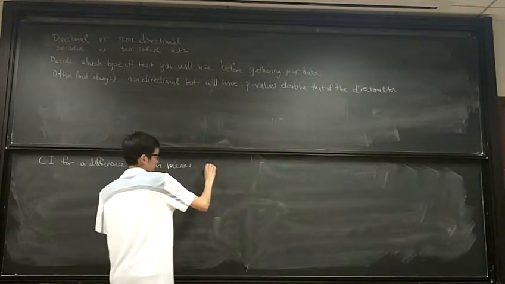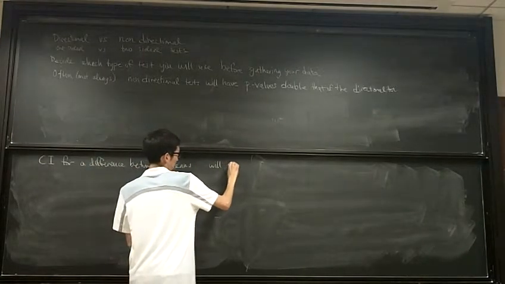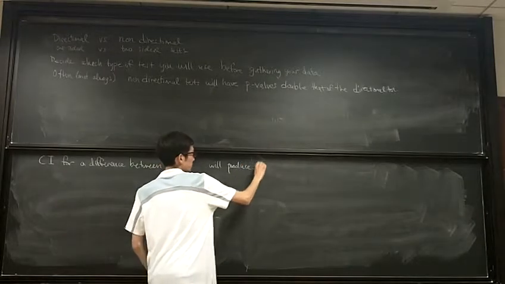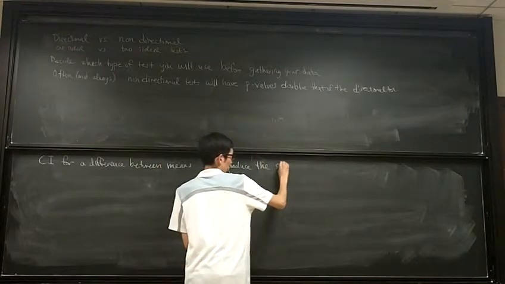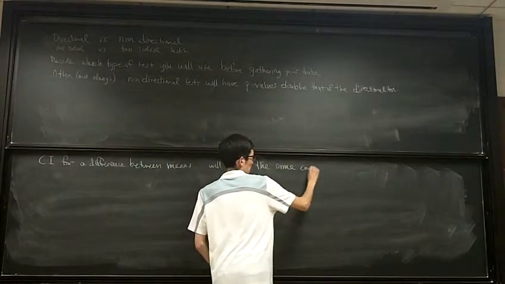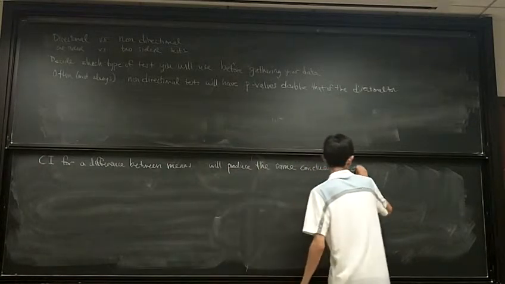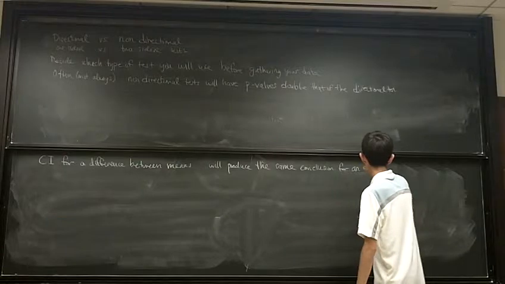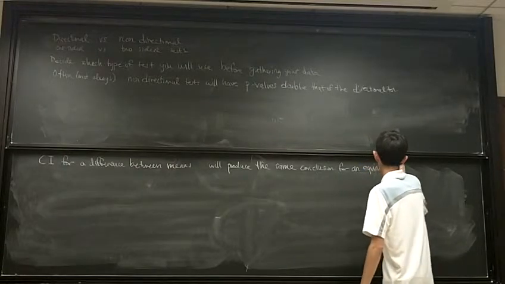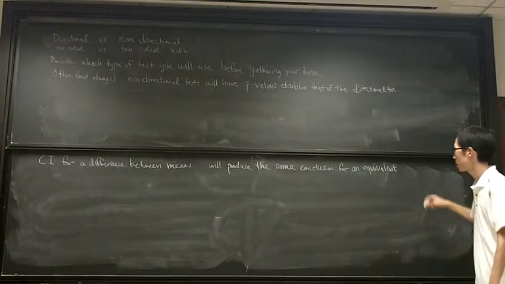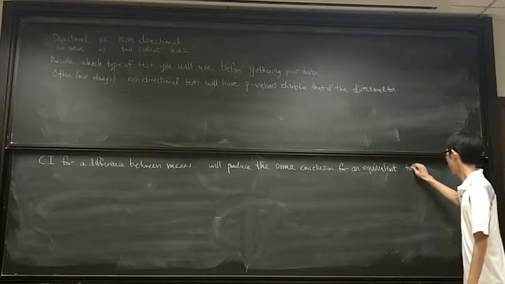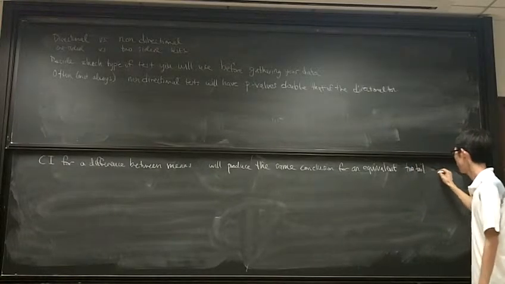But okay, so a confidence interval for a difference between means will produce the same conclusion for an equivalent two-sided or non-directional or two-tail t-test.